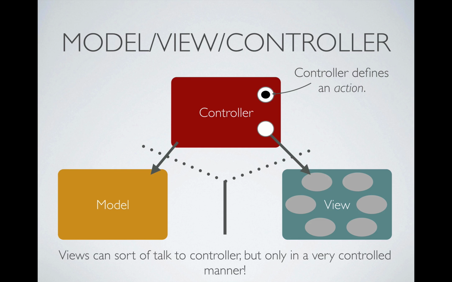And actions are simply chunks of code that the controller will execute in response to an event that is generated by the view. So if there's a button, for example, displayed in the view, and the user presses that button, we can wire up actions in the controller that get executed whenever that button is activated.